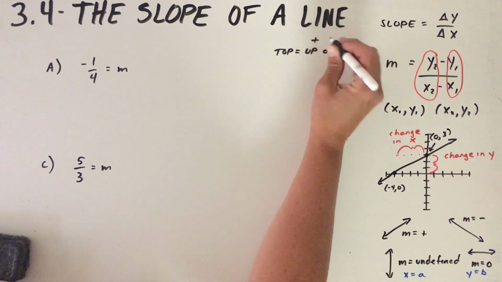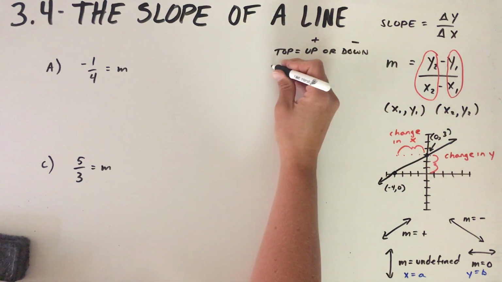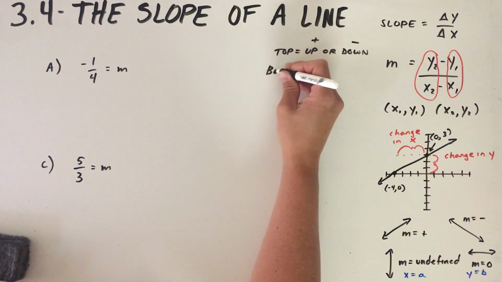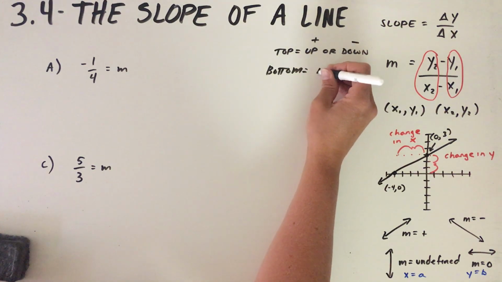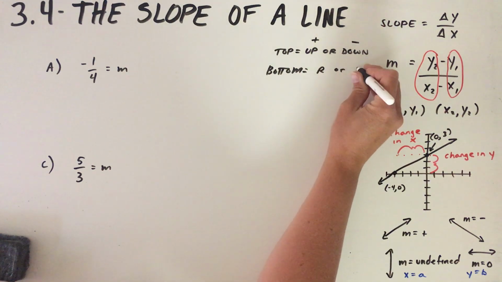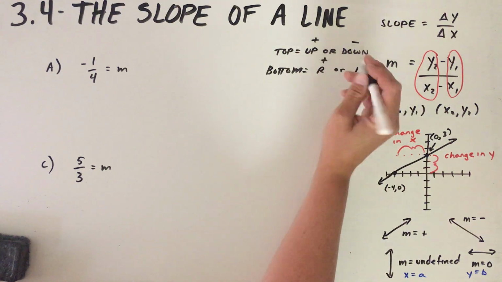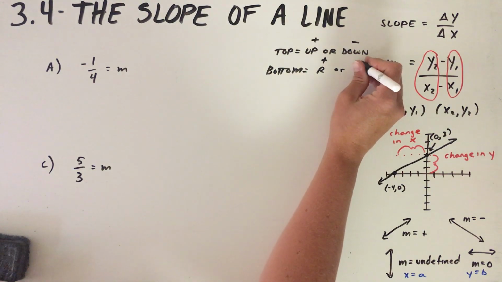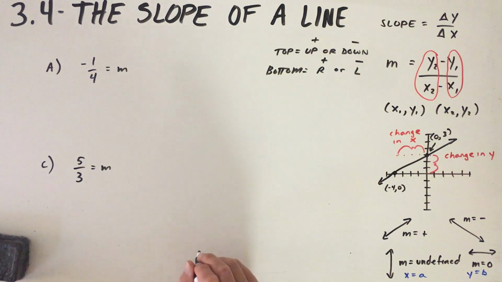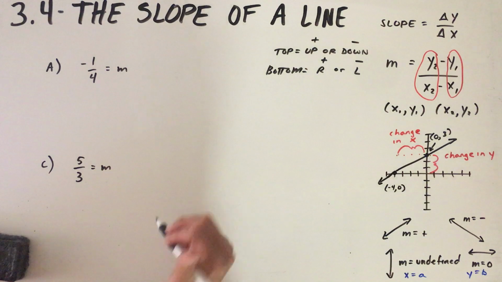Okay, I'm going to go up if it's positive and down if it's negative. The bottom number is going to tell me whether I'm going right or left. I'm going to go right if it's positive, because right is the direction for positive x, and left if it's negative.